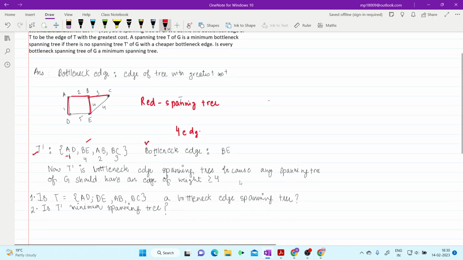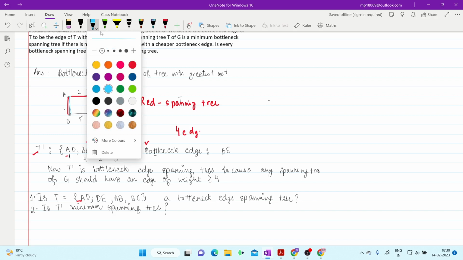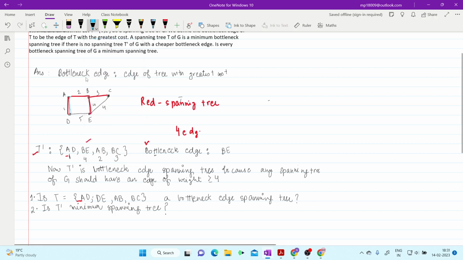Now this was T prime. Now we are taking T. T is this different tree which is blue. T is AD, DE, AB, and BC. So what do you think? First of all, what is the bottleneck edge of this spanning tree?